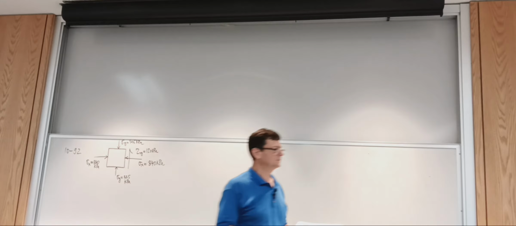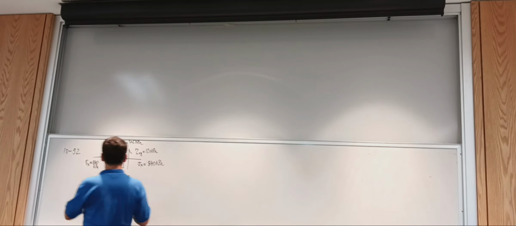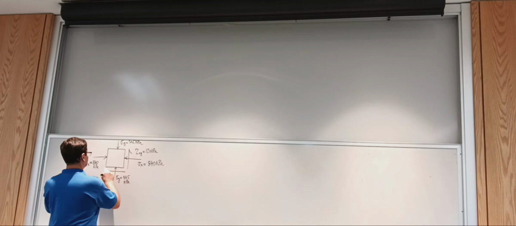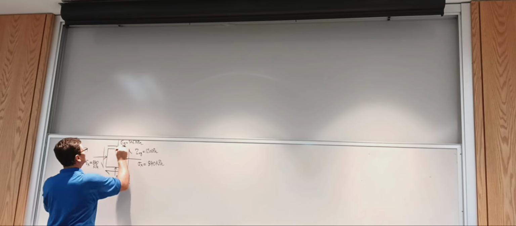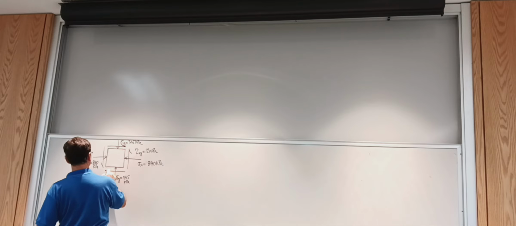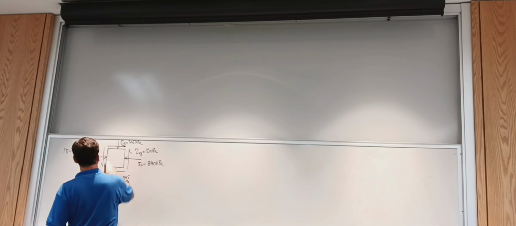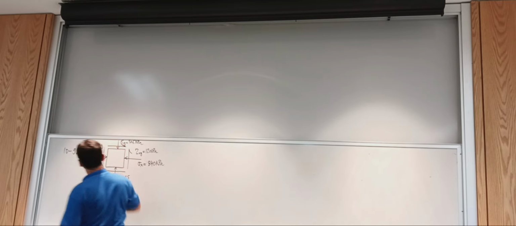And now I can complete the element with the other stresses, tail to tail, head to head. There's a bit of crowding here. This would be tau yx, and this one is tau xy.